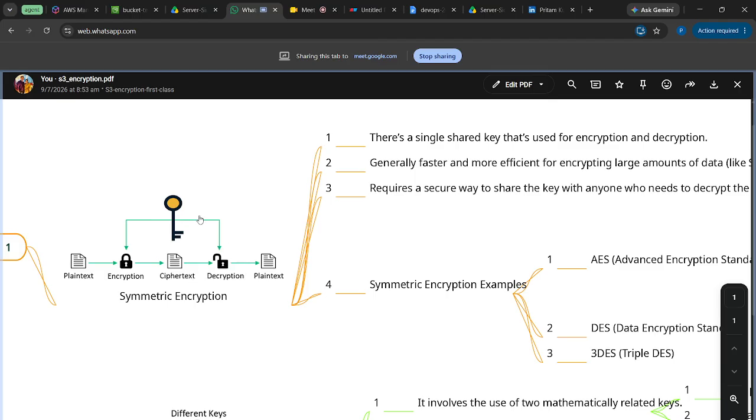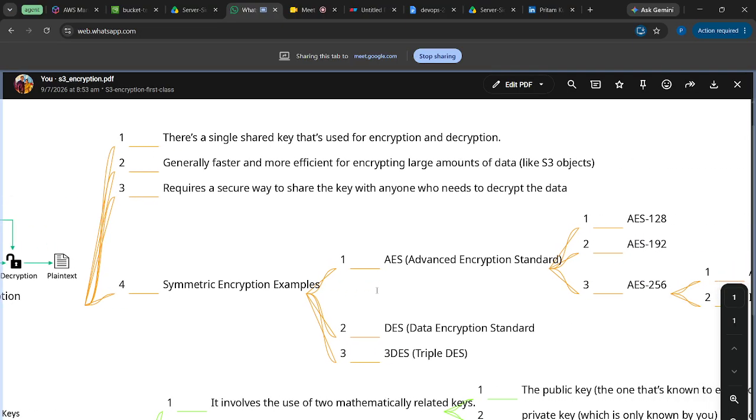And for that process, it will again use the same key which it used to encrypt the file. That's why it is known as symmetric encryption. Makes sense? Only because the same key is used for the encryption along with the decryption. There is no huge logic behind this. Because of the same key, it is symmetric encryption.